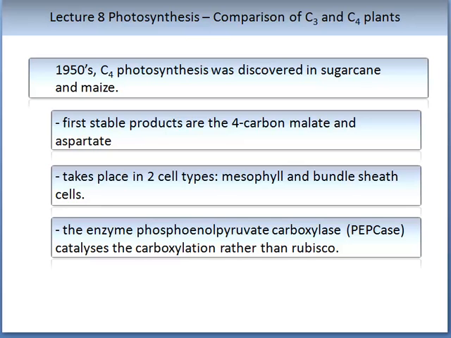The first stable products are the 4-carbon malate and aspartate. It takes place in two cell types called mesophyll and bundle sheath cells. The enzyme phosphoenolpyruvate carboxylase, or PEPCase for short, catalyzes the carboxylation rather than Rubisco.